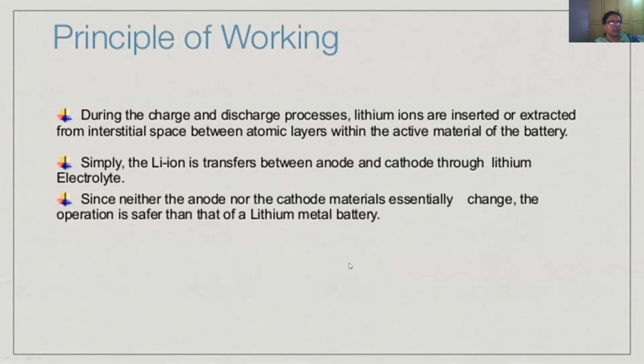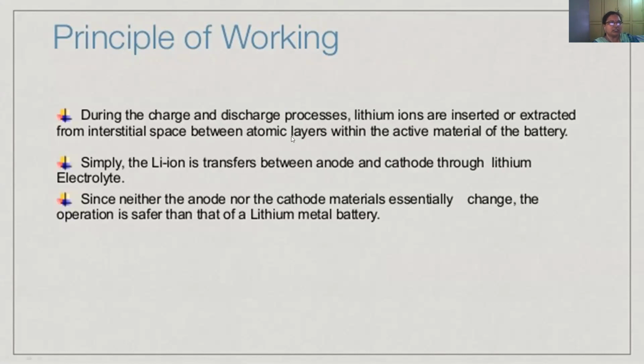The charging and discharging reactions of lithium ion batteries are somewhat complicated, because research is still going on. This undergoes a process called intercalation, which I will discuss later on.